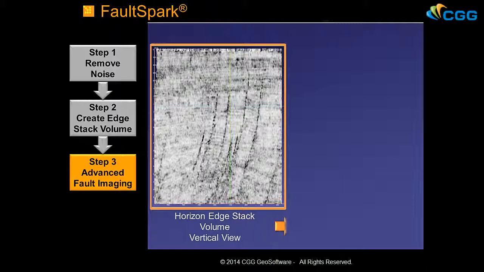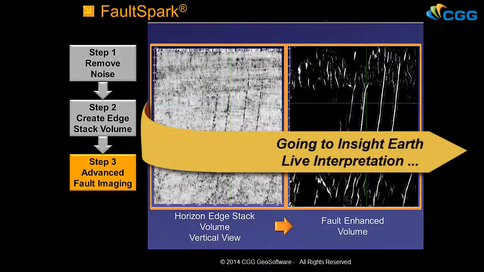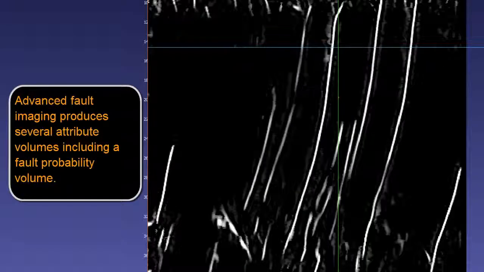Although faults are imaged well on horizontal slices, they are not imaged well enough on vertical slices to automatically extract fault surfaces. In the next step, we'll use the horizon edge stack volume as input to advance fault imaging. Let's again go to InsightEarth for a live interpretation. The horizon edge stack volume is used as input to advance fault imaging.